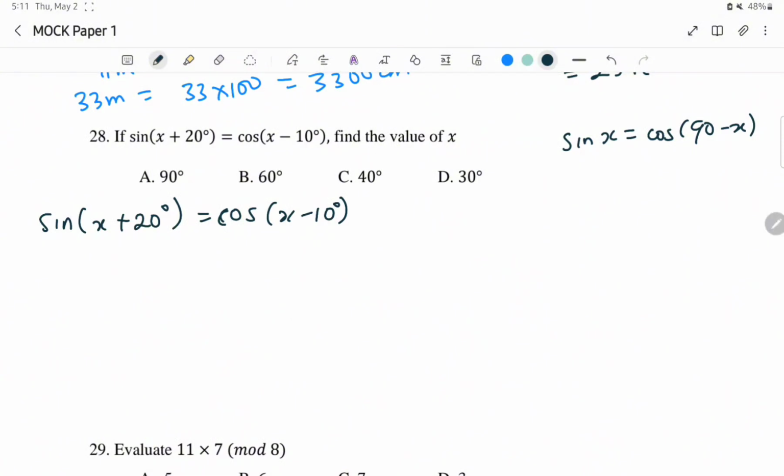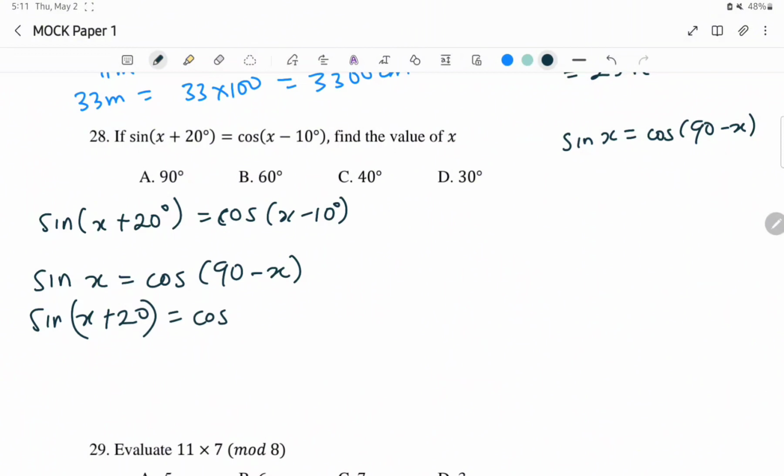So if sin x is equal to cos(90 - x), that means in this particular question, working with the left hand side only for now, what will sin(x + 20) be? It is definitely going to be cos(90 - (x + 20)), not just x.